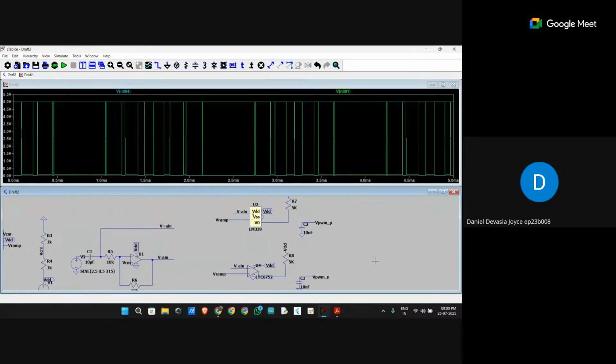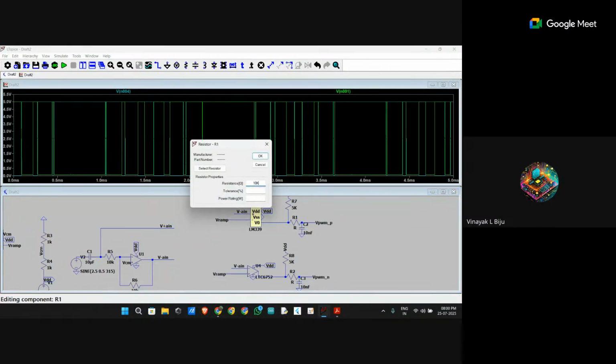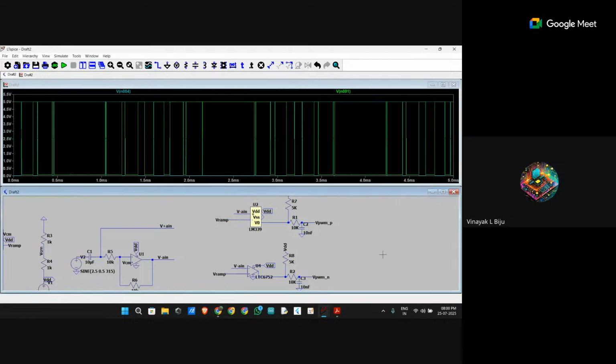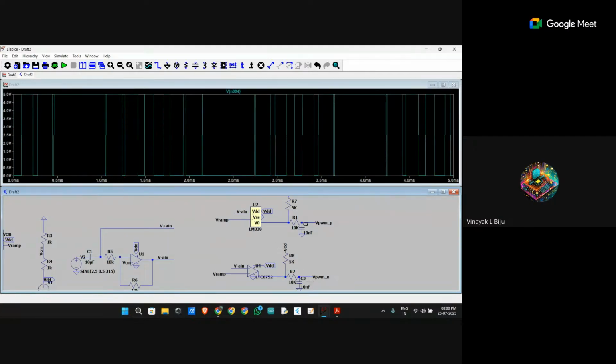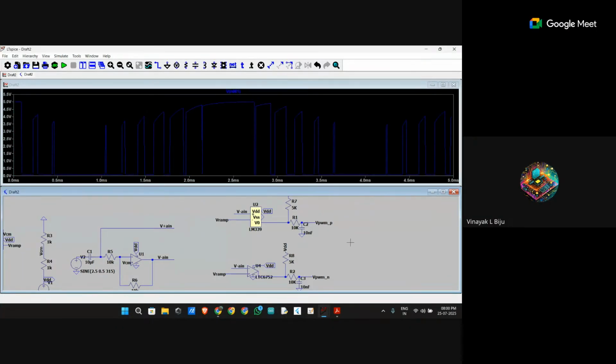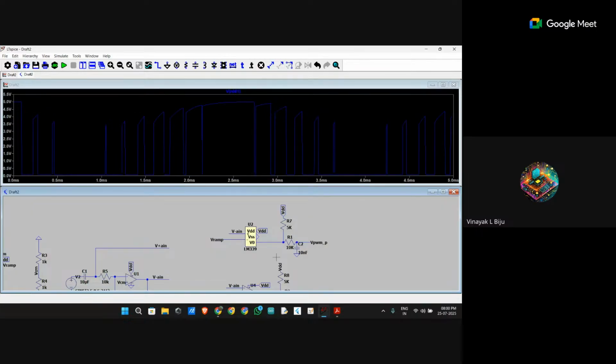Now put the RC thing also on, just to see if it still works. Now the Vout is not proper for the first comparator.